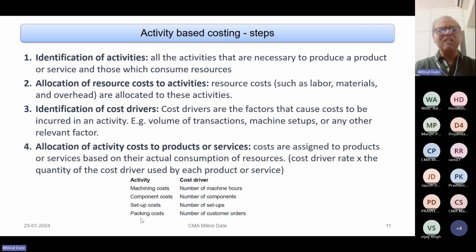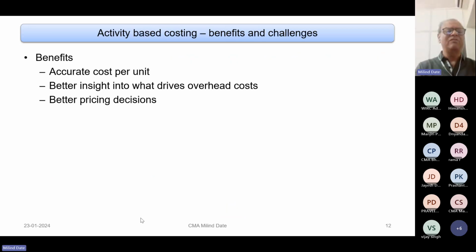So obviously there are benefits of activity based costing. Your cost tends to be much more accurate than what you used to get under traditional methodology, and you get better insights into your activities and the way you could manage them.